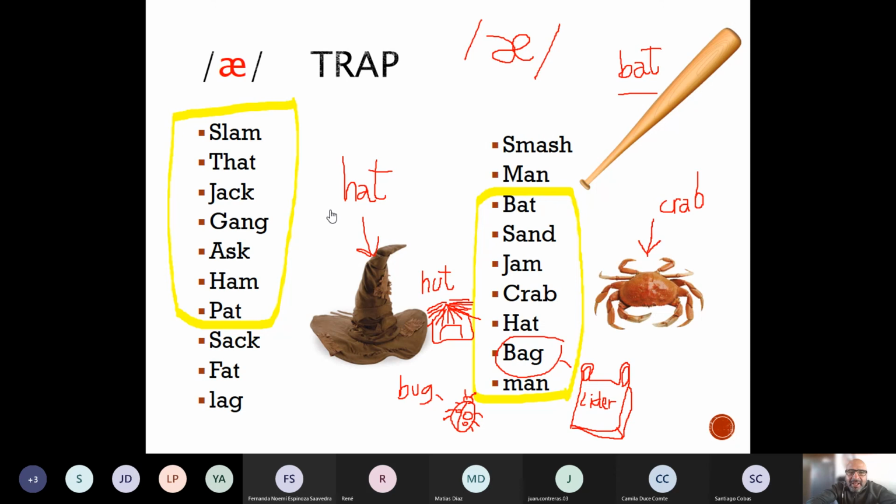The selection that I'm pointing to with an arrow. Bet, sand, jam, crab, hat, bag, man. Good? Excellent. Thank you very much. Very well done.